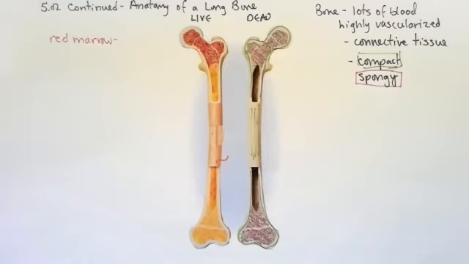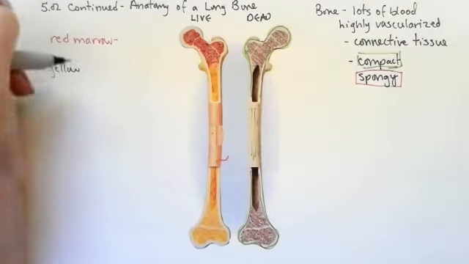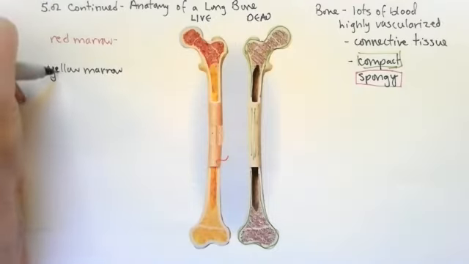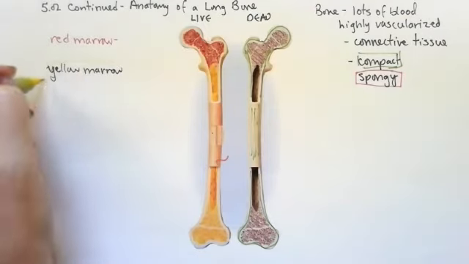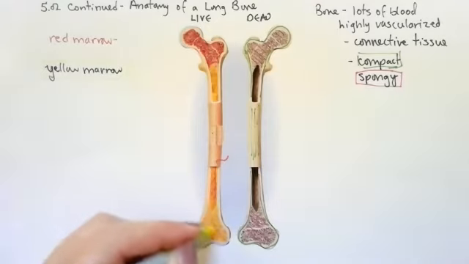And yellow marrow. I'll write it in black, but my yellow writing never shows up. So you can go ahead and color in all of this in yellow if you want to. Yellow just doesn't show up well for me.